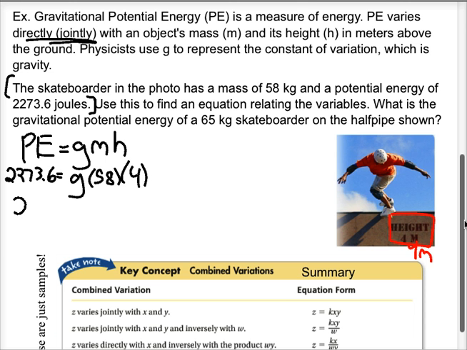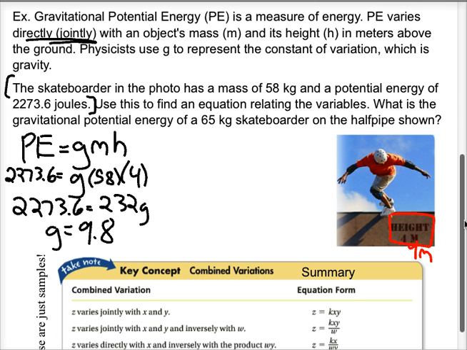All right, so first, 58 times 4, that gives us 232. So if I want G, now I have to take that 2,273.6 and divide it by the 232. And you actually get that G is 9.8.